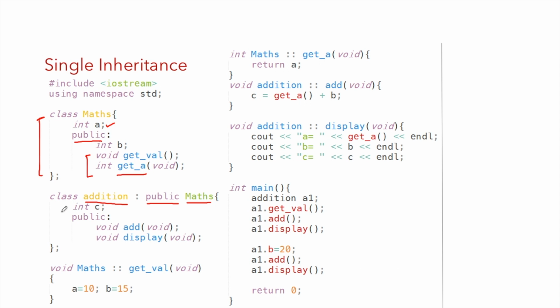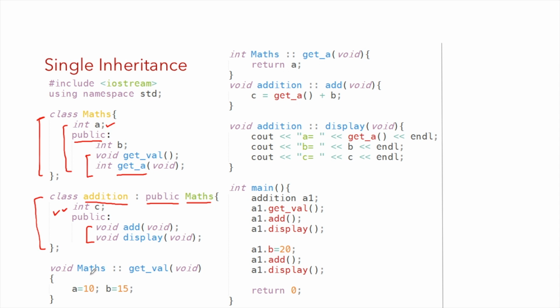So in class addition, we are introducing one private variable, int c, and then under public we have two more functions, add and display. Both are again not returning any value, and we are not passing any parameters to these two functions. Now when this declaration is done, we are inheriting these members also, so A will be inherited in class addition.